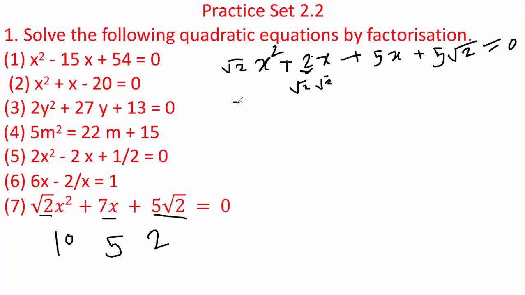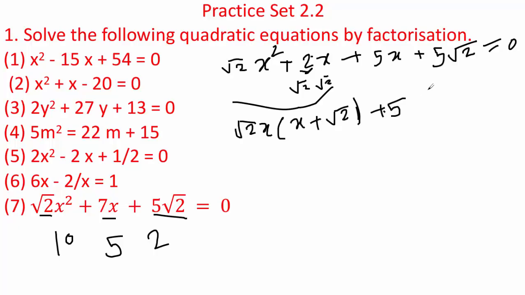From these first two terms, I can take root 2x common. In brackets, x plus 5 is taken common, x plus root 2 is there, equal to 0.